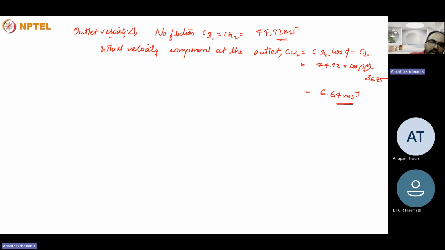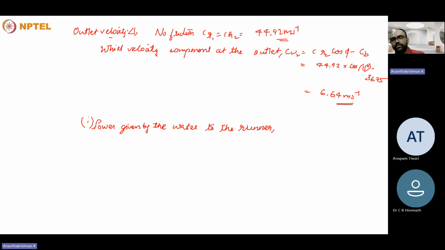So now we know the inlet whirl component and the outlet whirl component. So we have to determine the first part of the problem: power given by the water to the runner. How will you calculate the power? You need to have force and the velocity. The velocity will be the blade velocity.